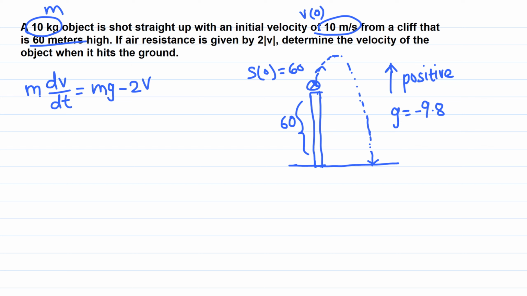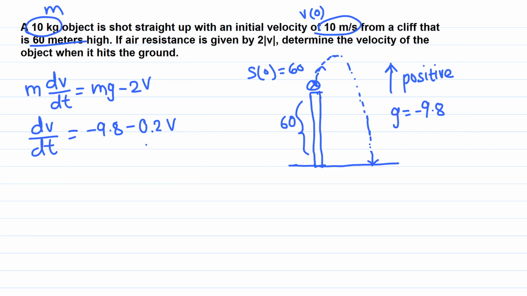Now we divide both sides by m, which is 10, so dv over dt equals g, negative 9.8, minus 2 over 10. So 2 over m is 10, so 0.2 v.